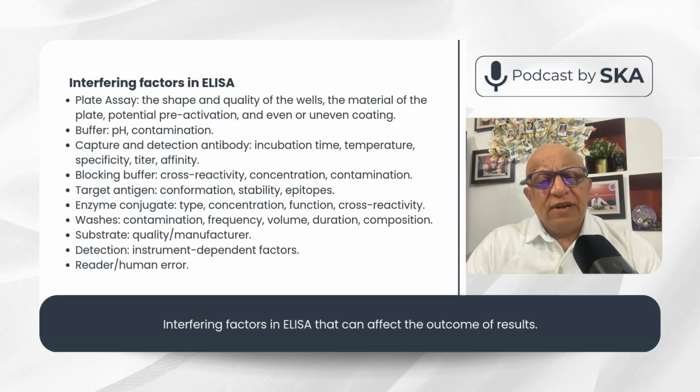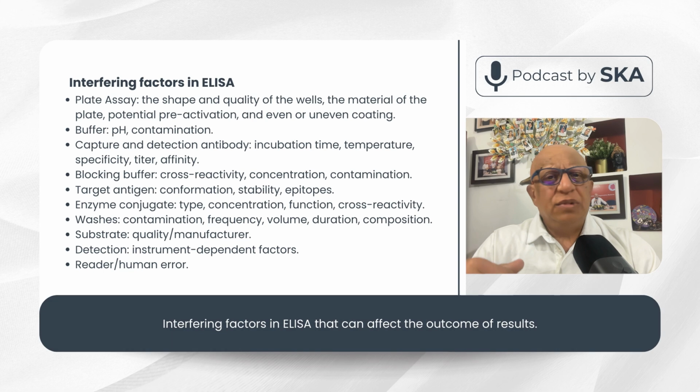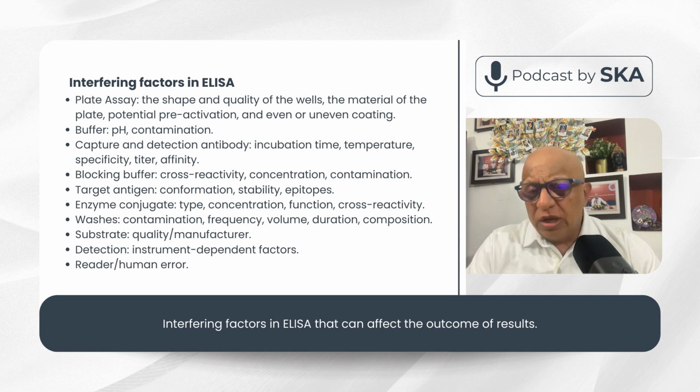There are many interfering factors in ELISA. It can be because of the plate quality, the plate assay, the buffer pH can be different, or contamination, then the capture and detection antibody, incubation time, temperature, specificity, affinity of the antibodies being used, and then the cross reactivity of the blocking buffer, concentration or contamination.